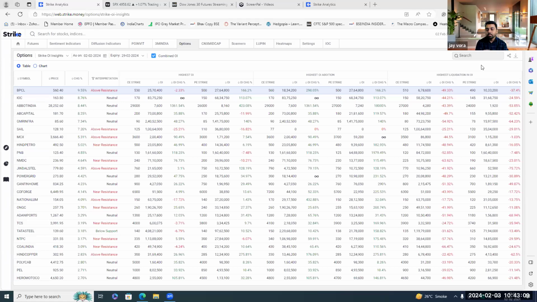So at that time probably one glance at this strike OI inside screen, and if you know that the stock is coming very near to the resistance level, then maybe you would want to wait out a bit, because probably when it hits its resistance level, there might be some consolidation that you may end up seeing, right? And because in options, timing is everything. So that is where I think this screen can help you a lot.